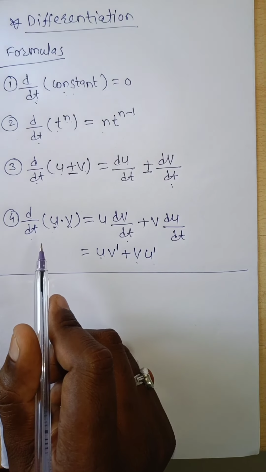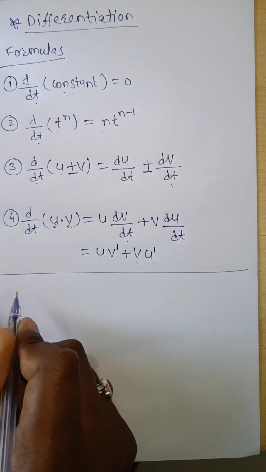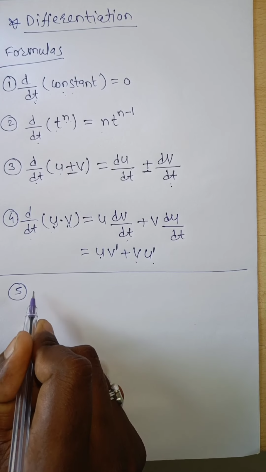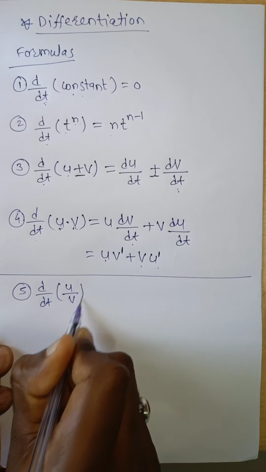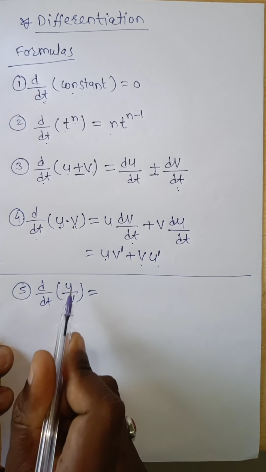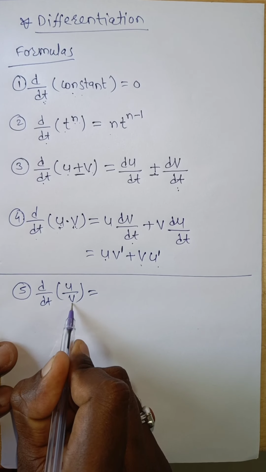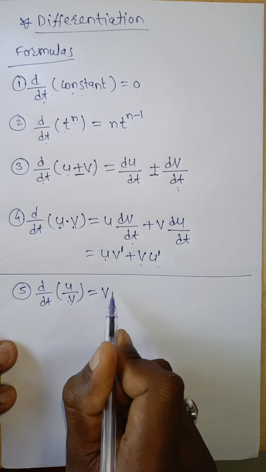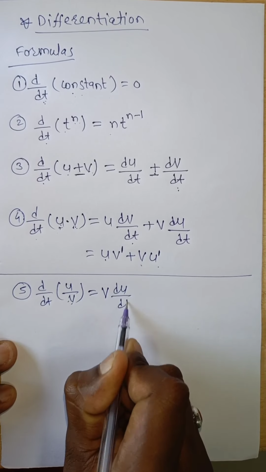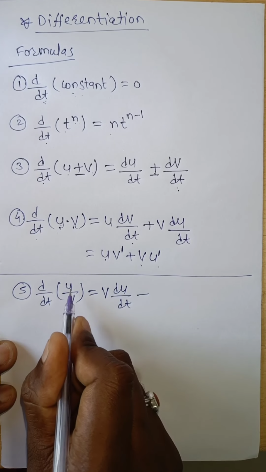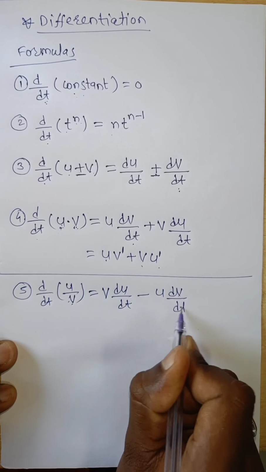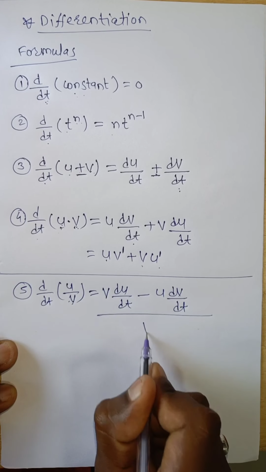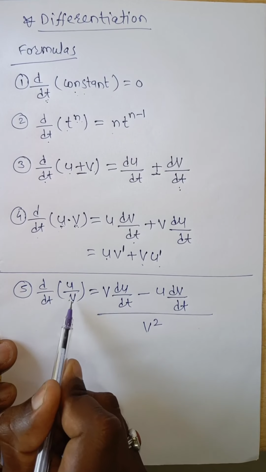It is not as important right now, but for your information I can write that rule also: d by dt of u by v is equal to denominator into derivative of numerator du by dt, minus numerator u into derivative of denominator dv by dt, then whole divided by denominator square.